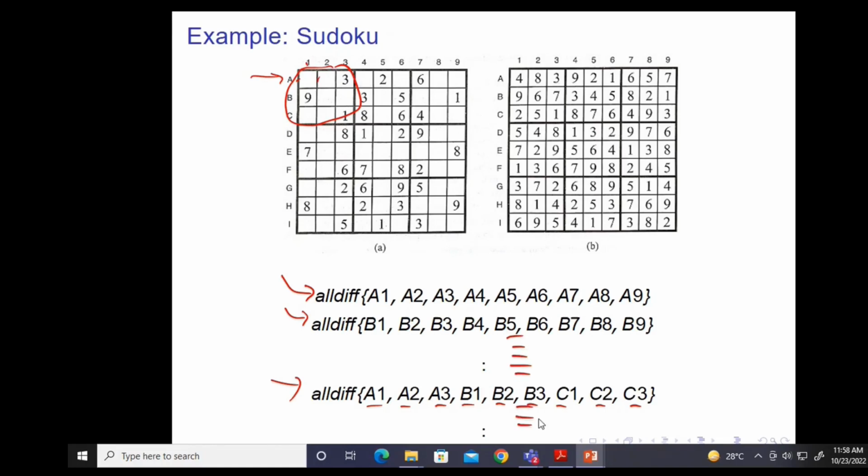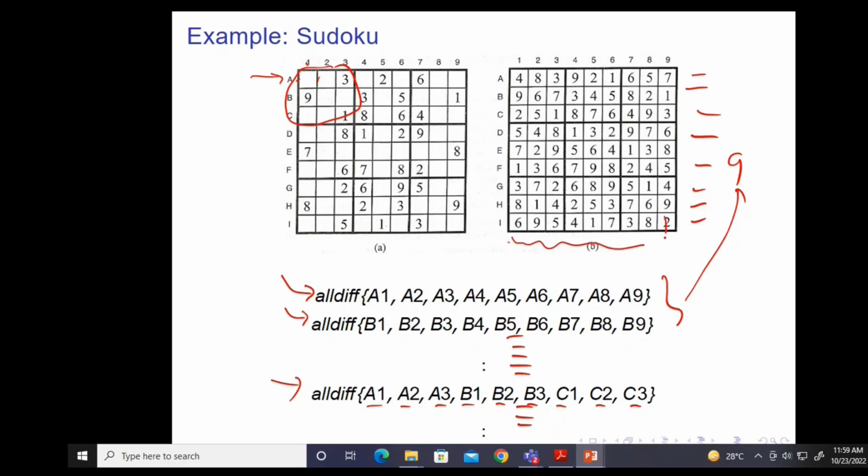So how many constraints would be there? Can anybody tell me how many such constraints would be there? For 9 rows, 9 such equations would be there.